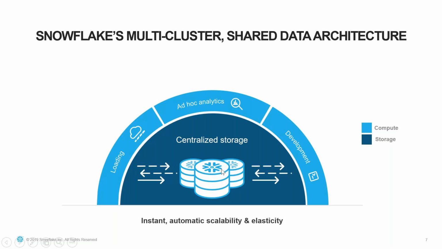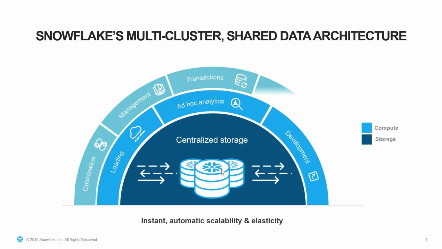And then what is the third one? This is called the cloud service layer. The cloud service layer is nothing but it has all the security-related information. If you want to transact data within Snowflake or outside Snowflake, by default the data includes security.